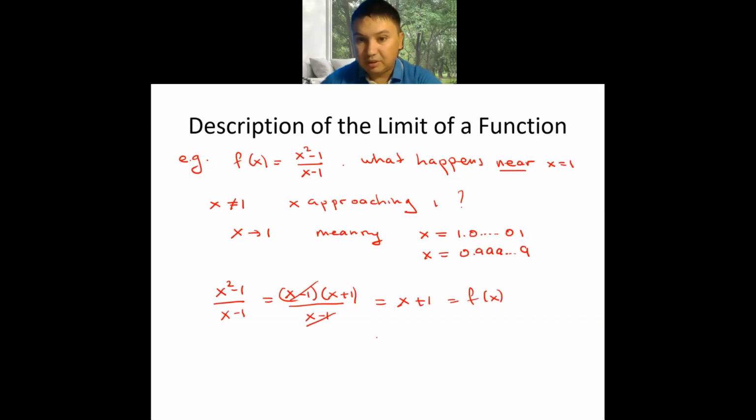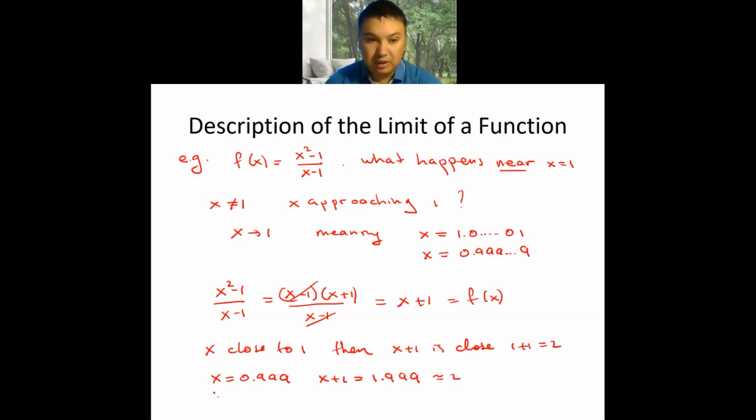Now, if x is close to 1, what happens to x plus 1? Because you're adding 1, it's close to 1 plus 1, which is 2. For example, if you take x equal to 0.999, then x plus 1 is 1.999, so it's getting closer to 2.